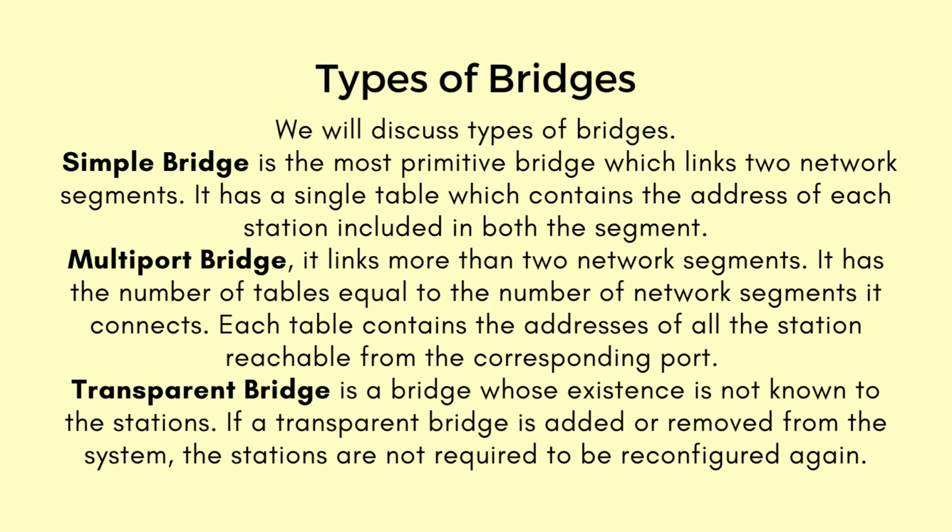Multiport bridge links more than two network segments. It has a number of tables equal to the number of network segments it connects. Each table contains the addresses of all the stations reachable from the corresponding port.